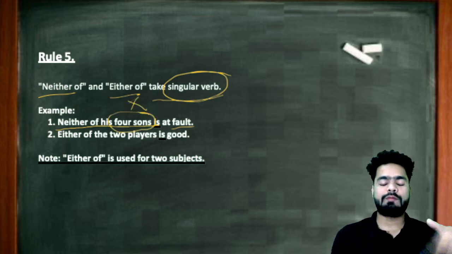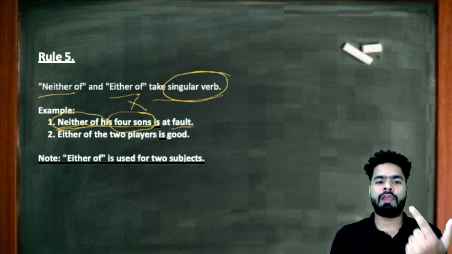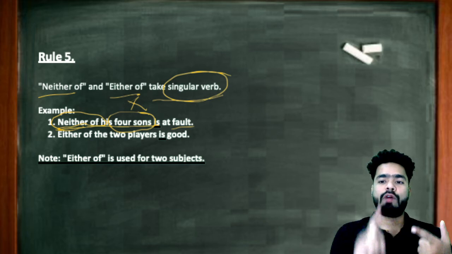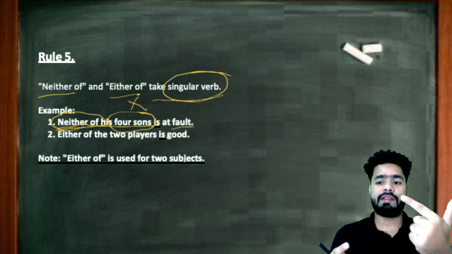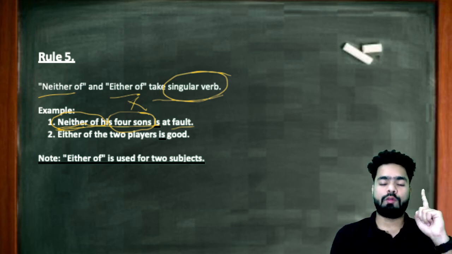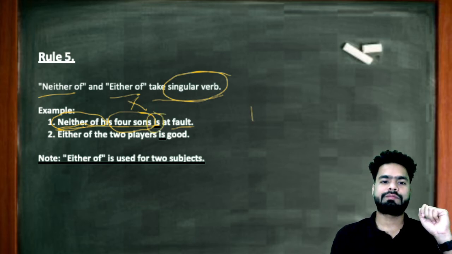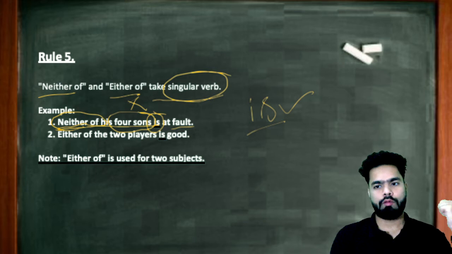We have to see neither of, which means none of the 4 sons, which means no one of the 4 sons. One is always singular. If the one is singular, then the verb should also be singular, and that is is. Is it clear? Which is why we have used is. Neither of the 4 sons is at fault.